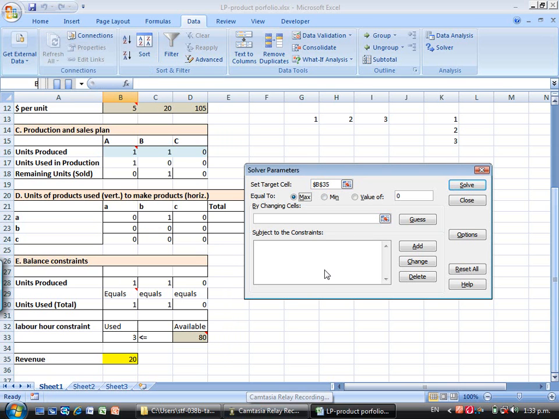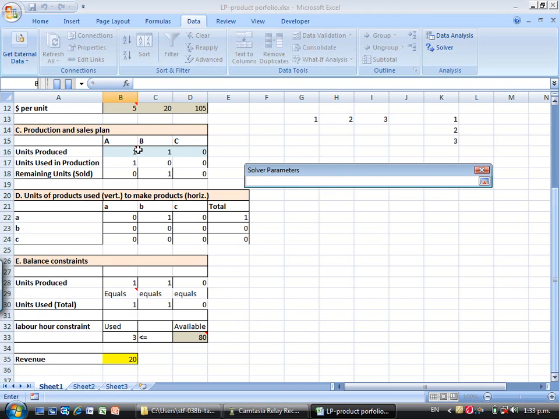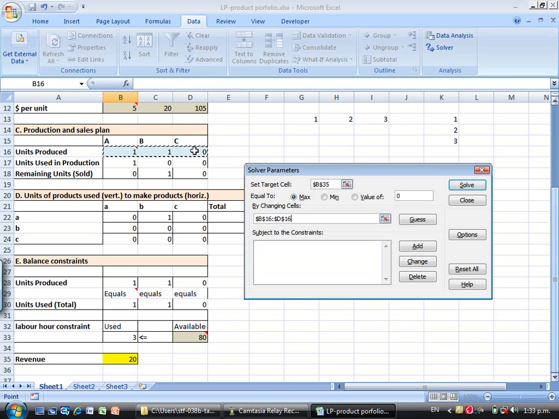Now we're going to do this by changing the cells, and the cells which we want Excel to change are the cells which are going to be related to the managerial decision. Now in this problem they've been highlighted in blue for you. So Excel, or the manager, has to decide on how many units of each type of product to produce.